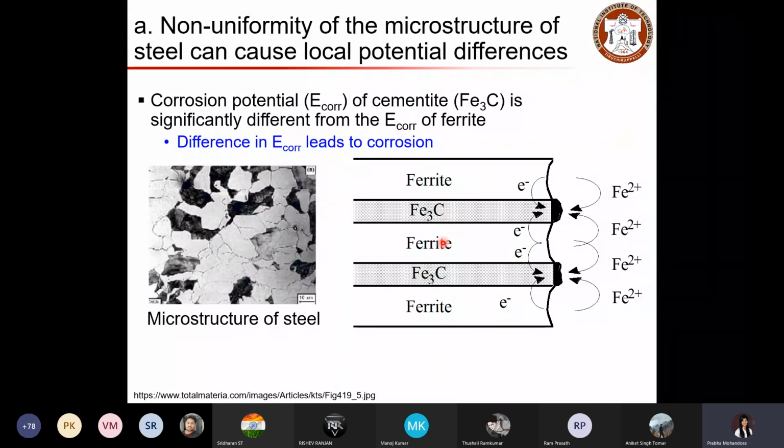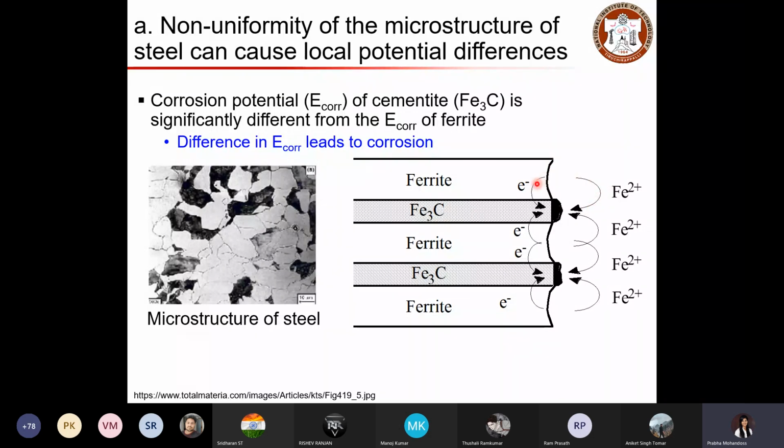In this case, the electrons would move from ferrite to the cementite. So this ferrite acts as an anode, and the cementite acts as a cathode. This portion starts losing its ion Fe2+, and thus it acts as an anode.